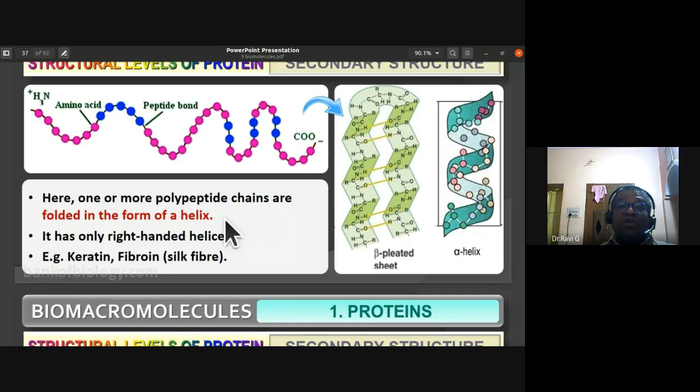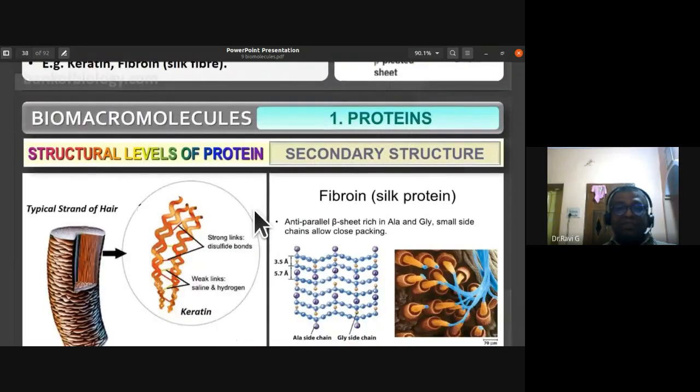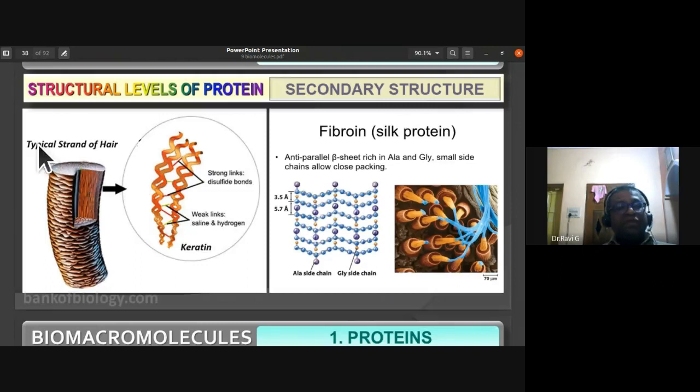Here one or more polypeptide chains are folded in the form of a helix, with only right-handed helices. Examples are keratin and fibroin; fibroin is nothing but the silk fiber. In a typical strand of hair you find keratin.